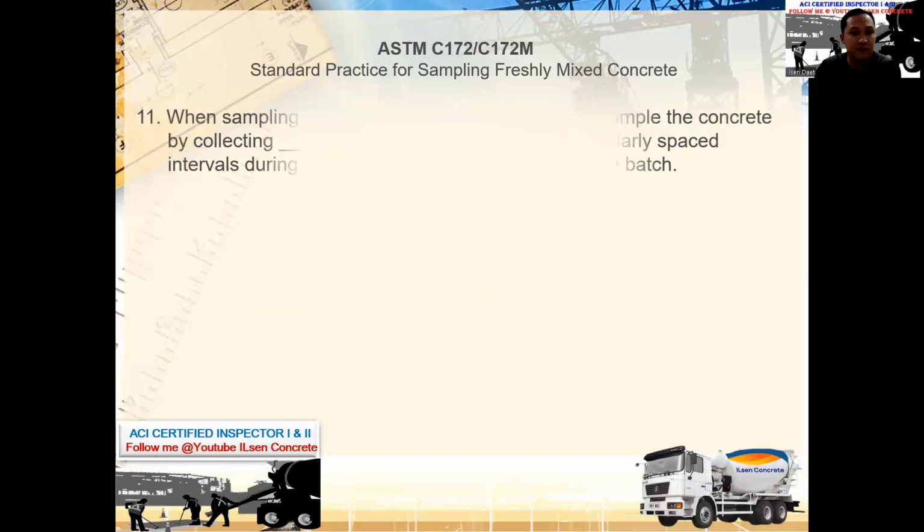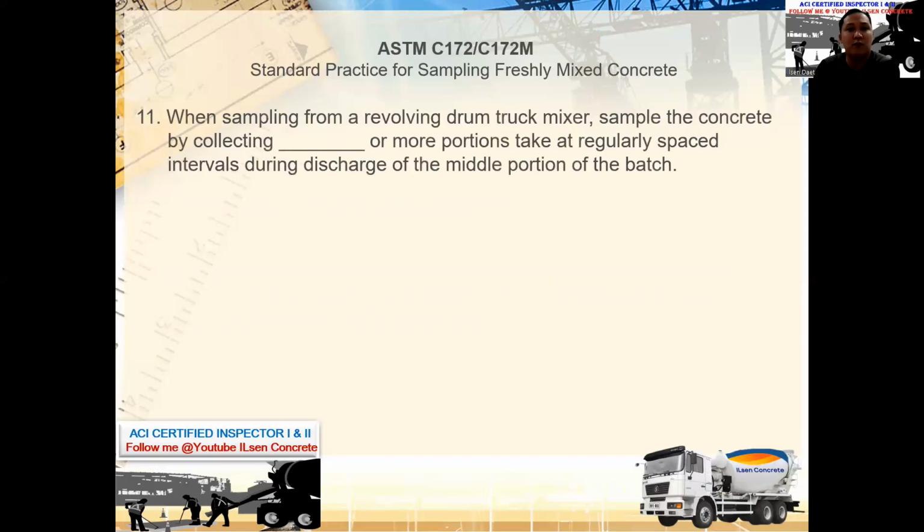Next question: when sampling from a revolving truck mixer. The question is for the revolving truck mixer, so you need to identify what equipment is used.